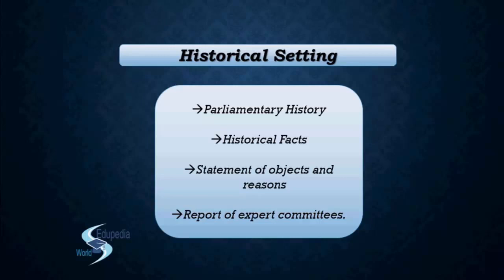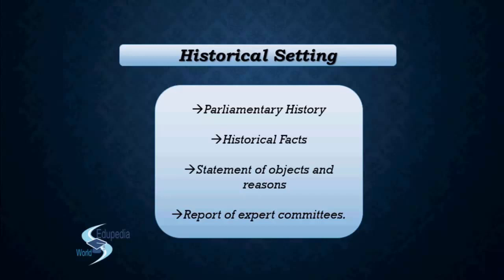Now if we move on to the historical facts, what are the historical facts that you can use as an external aid to interpretation? So basically when we talk about historical facts, we are trying to refer to the situation that gave rise to the purpose, or that gave rise to the need for the enactment of the statute.